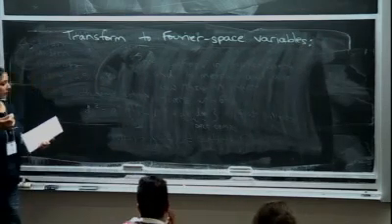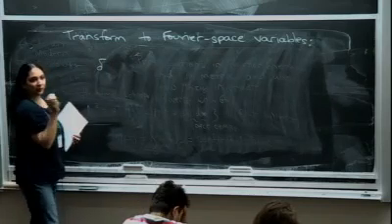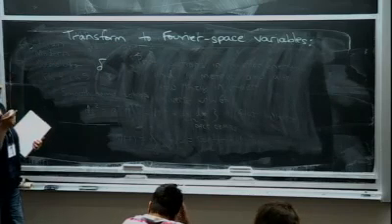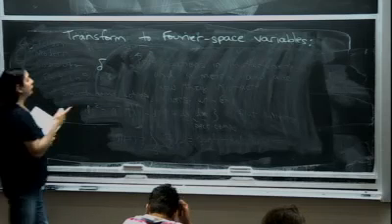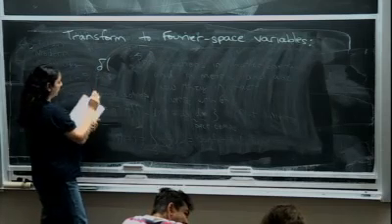if you're not familiar, what I mean is, say I have a perturbation. So all my perturbations I'm going to transform to Fourier space variables. So say I have a perturbation in dark matter.